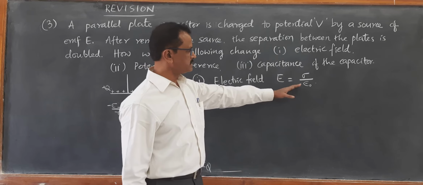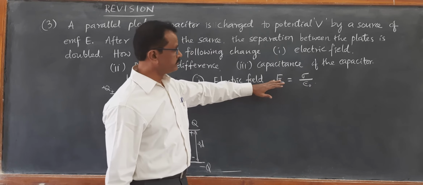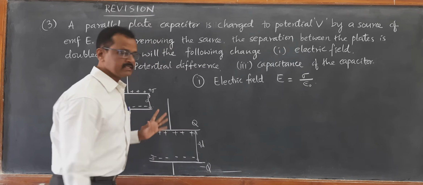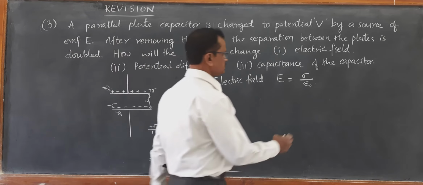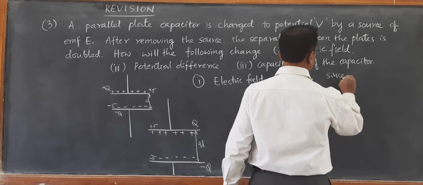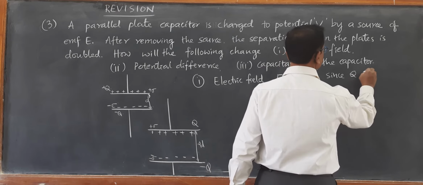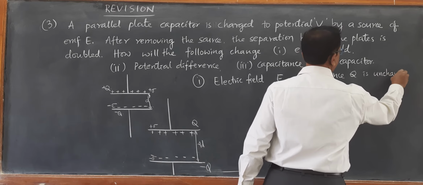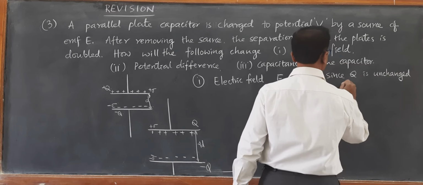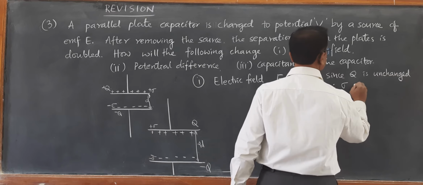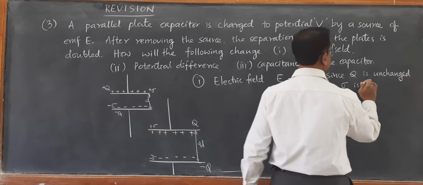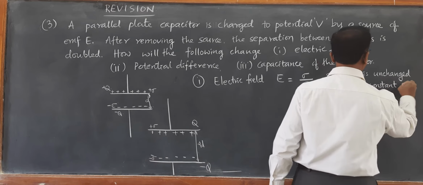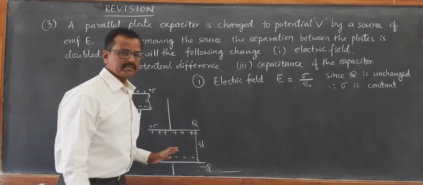So you can look at this equation. It depends on the charge density. The charge density is the same since Q is unchanged. Therefore, sigma is also constant, and the medium is also not changed.